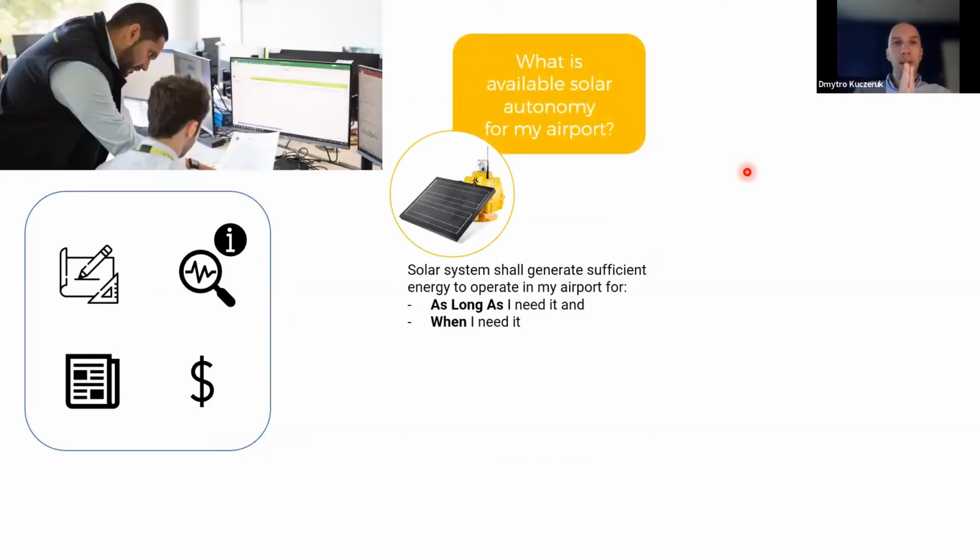So how can I validate if a solar system is a feasible option for my airport project? First, we start from verification that the solar system could generate a sufficient amount of energy to operate in my airport for as long as I need it and when I need it.